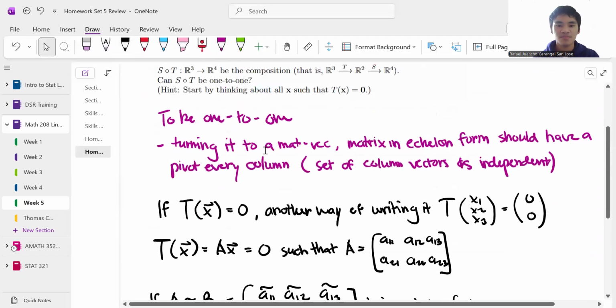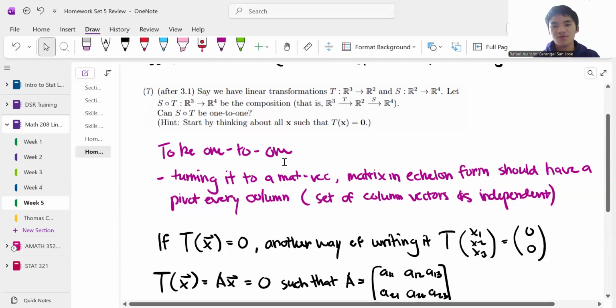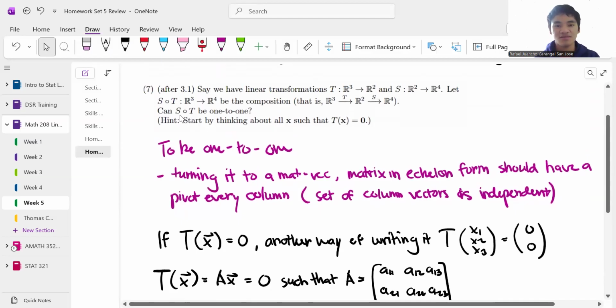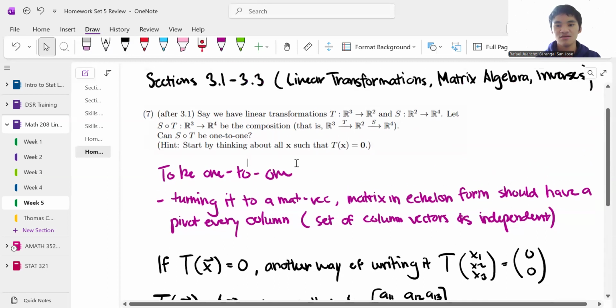Okay? And now going back to that idea, going to S of T, which goes from R3.